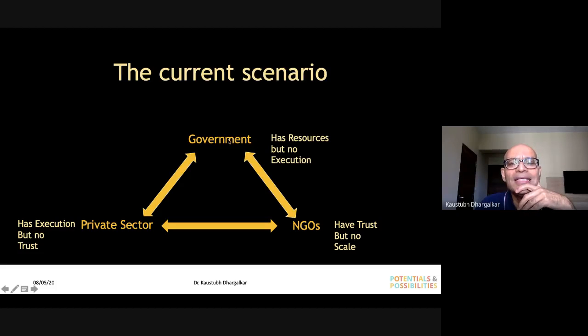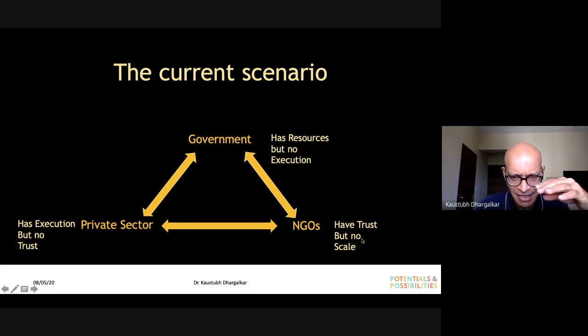Now, what I see is that the government has the resources, but they have very little or zero control over last mile execution. Private sector has the capability of last mile execution, but they lack the trust of the people. NGOs have the trust of the people, but they do not have scale in operations.